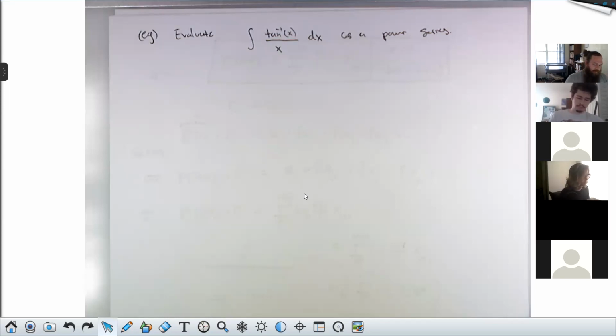Oftentimes, power series are the easiest way to evaluate transcendental functions anyway. What you'll find is if you're going into any sort of engineering or any sort of physics-y or hard science thing, 9 times out of 10, when you want to work with a function, the very first thing you're going to do is expand it as a power series.